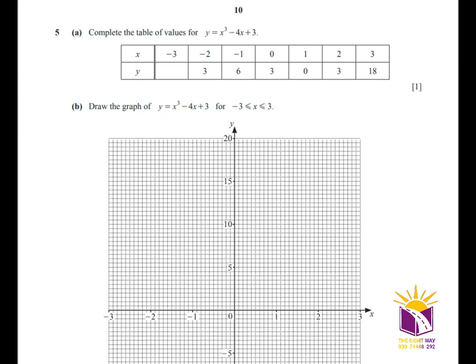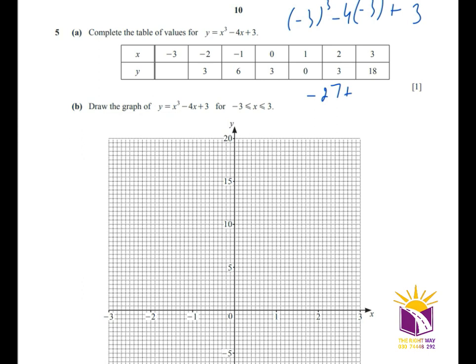Question number 5. Complete the table of values for y is equal to x cube minus 4x plus 3. You are going to write it like minus 3 cube minus 4 times minus 3 plus 3. Minus 3 cube will be equal to minus 27.